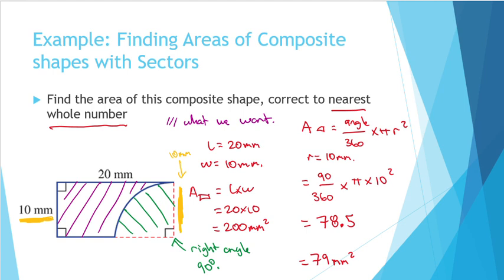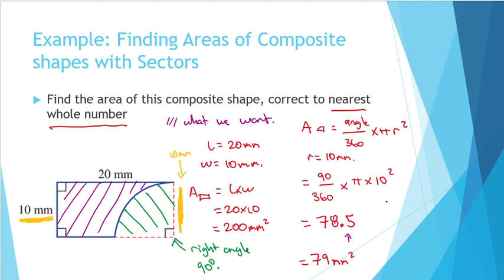So actually, that's just the area of the green section. Now, to find the area of the purple section, we need to subtract the area that we just found in the quarter circle from the rectangle, and that is how we get that purple section there.